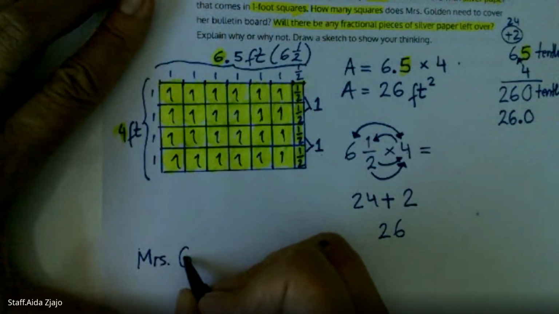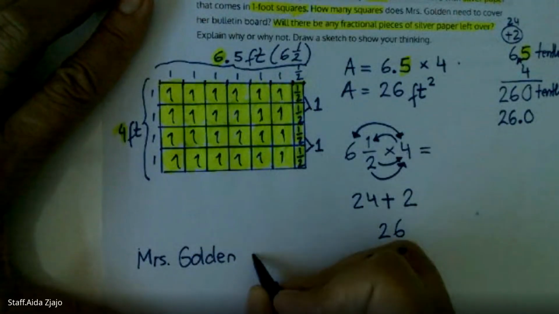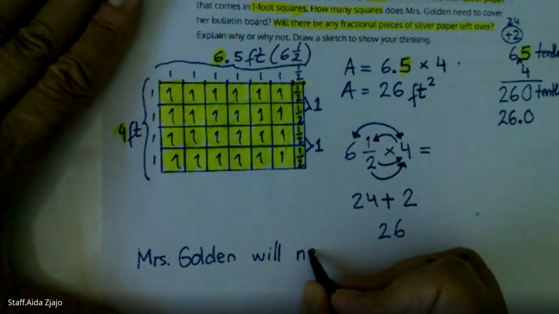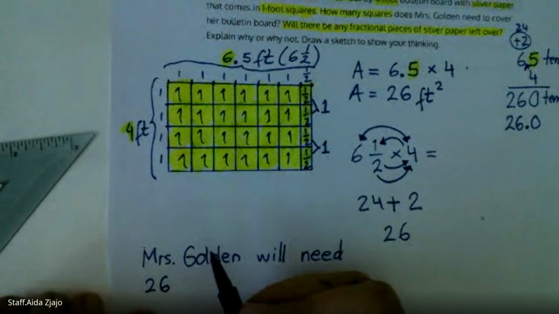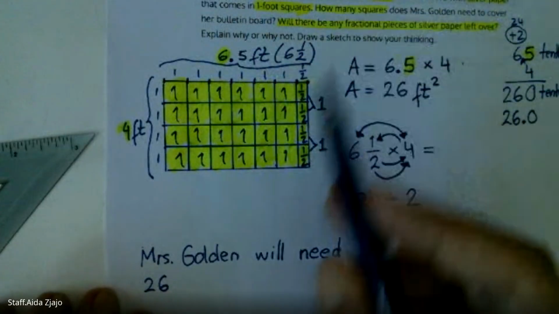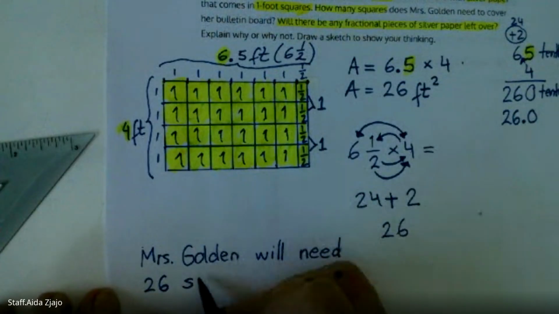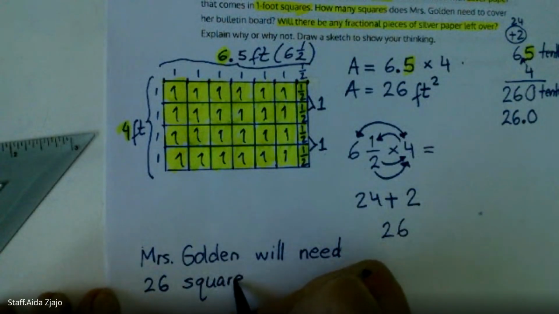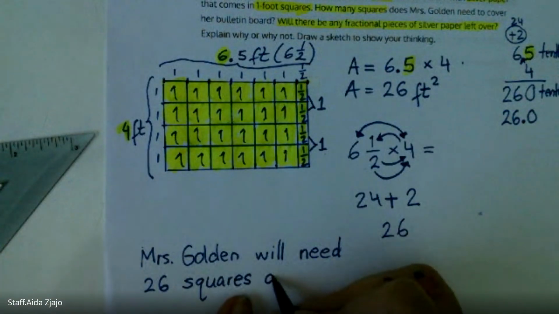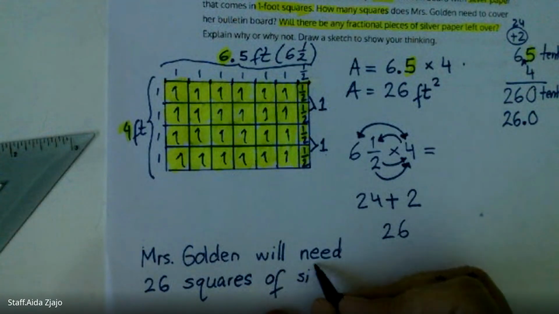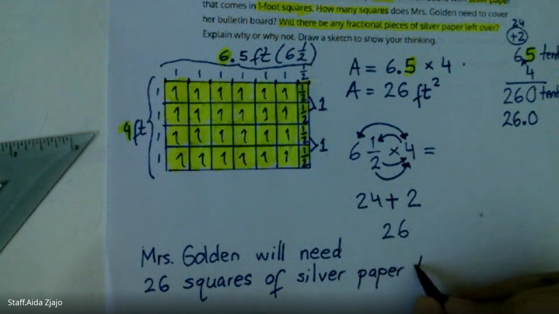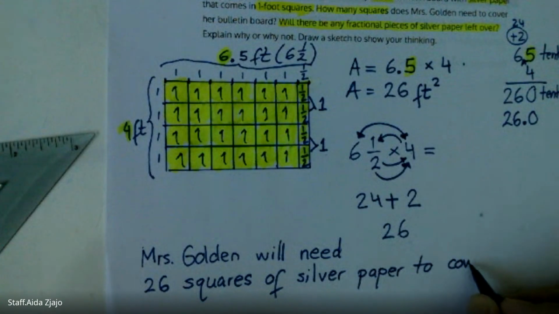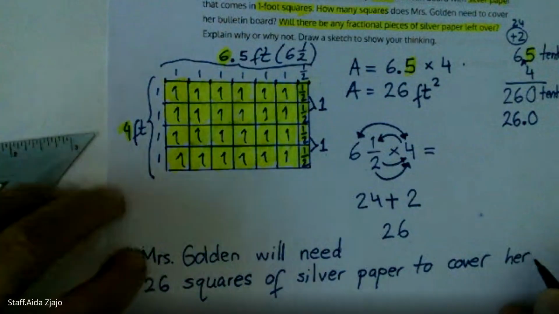Miss Golden will need 26 squares of silver paper to cover her bulletin board.